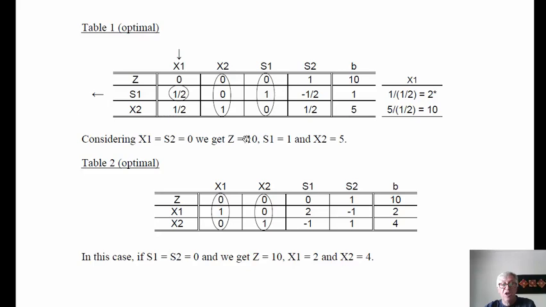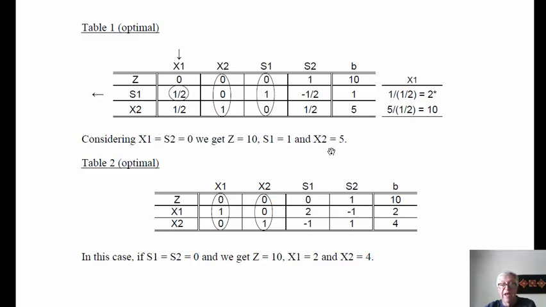So this table gives us this solution. Okay, with x1, s2 equal to 0, we get z is 10, s1 is 1, and x2 is 5. But after this transformation, we get this table, which is also optimal. And as expected, we have the same value of z, but now we have a different solution. x1 is 2 and x2 is 4.